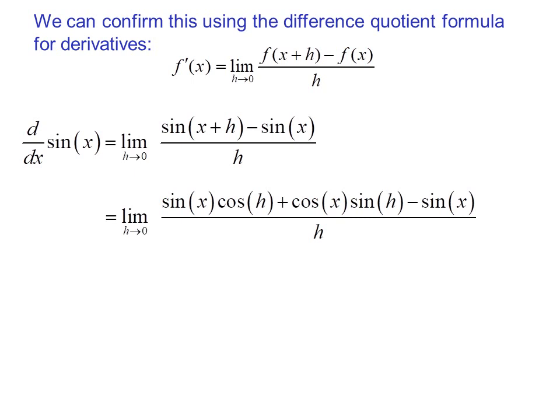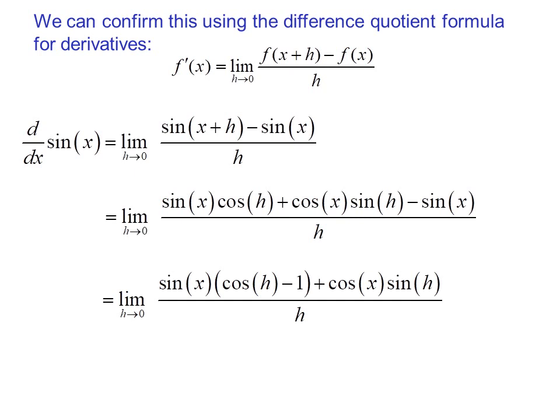Using a trig identity, we have the limit as h goes to 0 of sine x cosine h plus cosine x sine h minus sine x over h. We factor out a sine x, giving us the limit as h goes to 0 of sine x times cosine h minus 1 plus cosine x sine h over h.